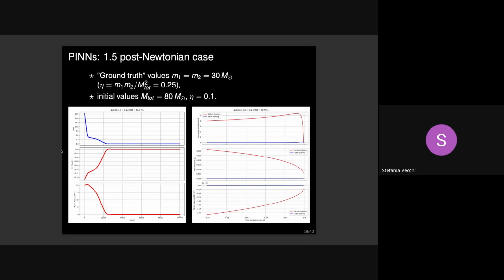So I like this very much because it means that we will be able to not only detect the waveform but also estimate the parameters of them using something more clever than just neural networks. It's more than just a neural network.